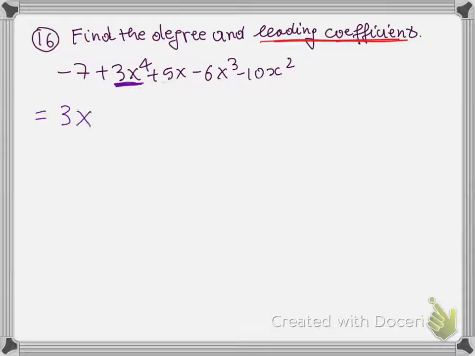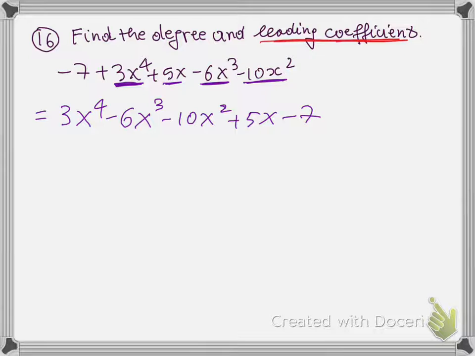So 3x to the 4th, and then the next degree down is x to the 3rd, so minus 6x to the 3rd, minus 10x squared plus 5x, and then minus 7. So this is a polynomial in standard form.